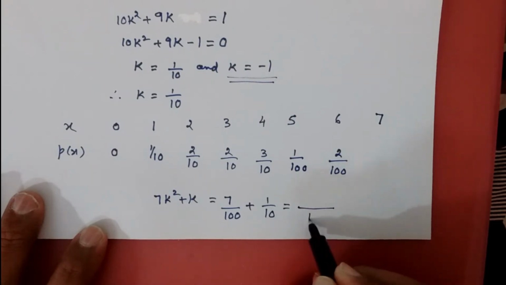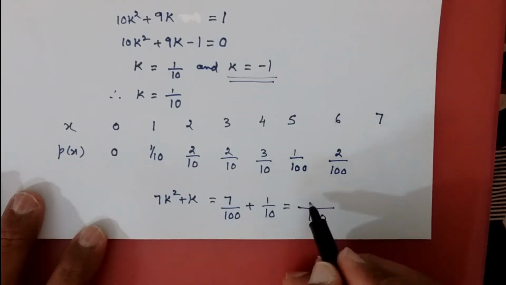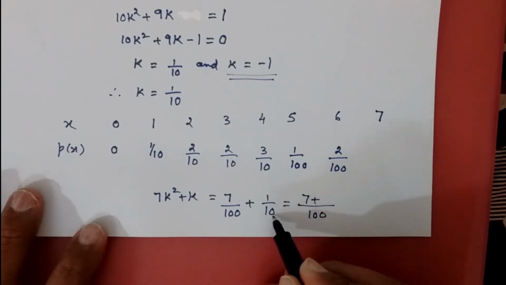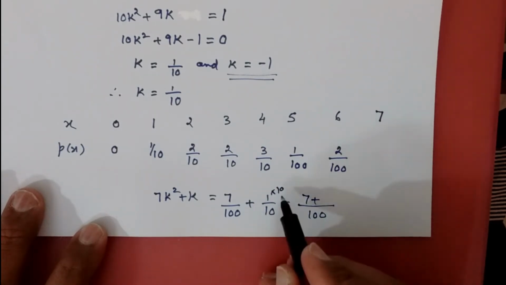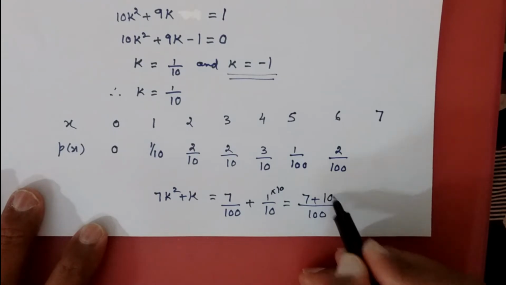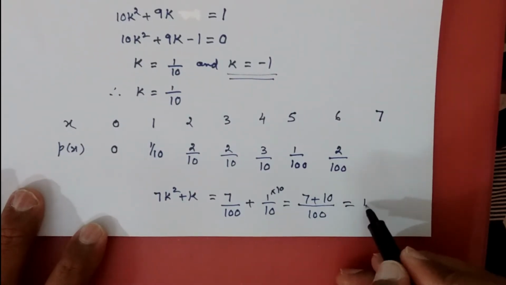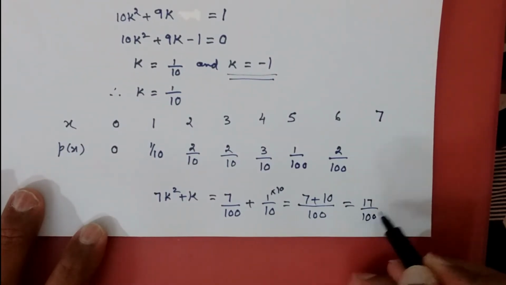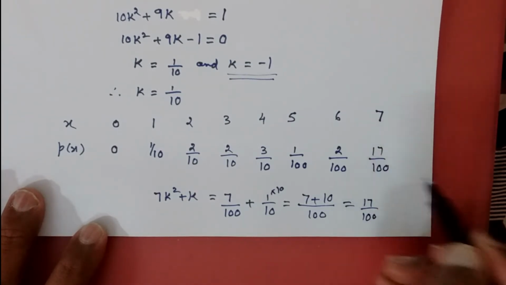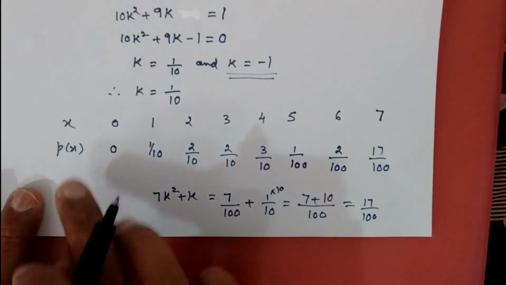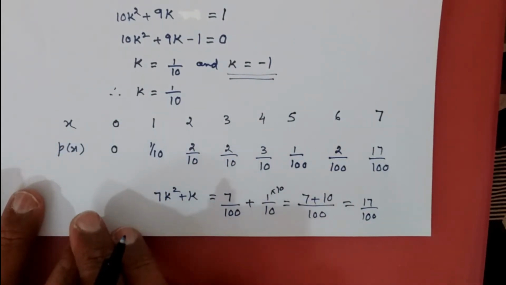You just take the LCM as 100 over here, so this will be 7 itself plus 10 times 1, so 10 times 10 will be 100 and 10 times 1 will give you 10. Therefore we will be getting 17 by 100. So this value will become 17 by 100. So we have got the values of x and p of x.